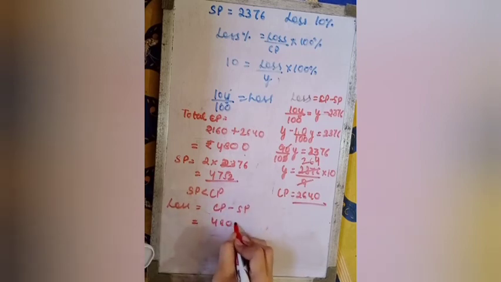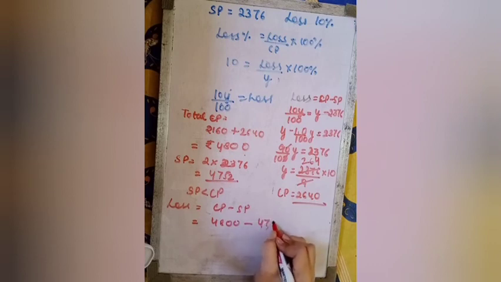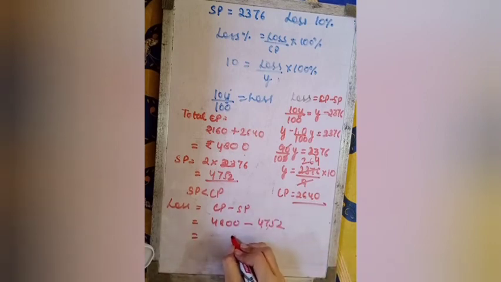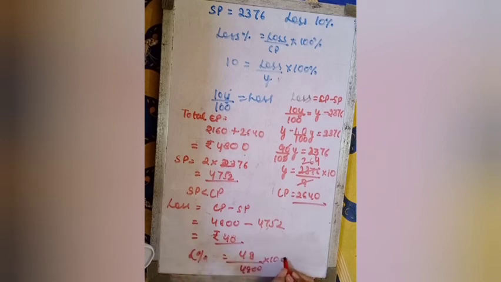CP is 4800, SP is 4752, subtracted, it is 48 rupees. Now the loss percent is 48 upon 4800 into 100%. It is 1%. So the loss is 1%.